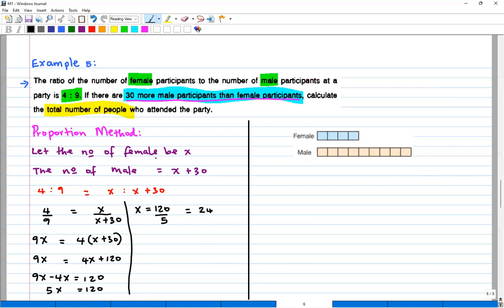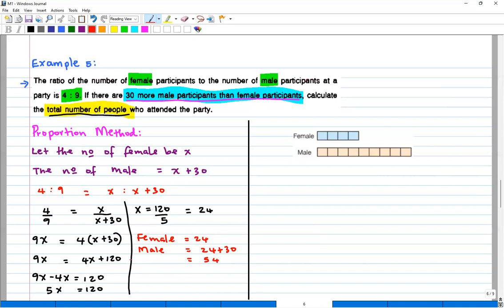Okay, now X stands for female participants, but we need the total number of people who attended the party. So it means that we have got female as 24 and male as x plus 30, that is 24 plus 30, and that will be 54.